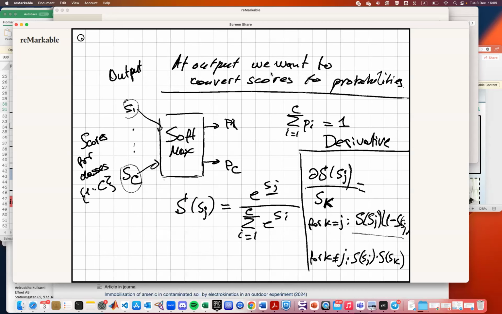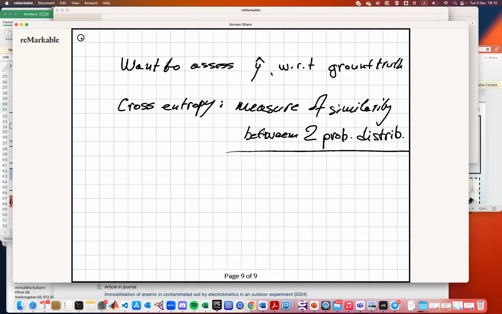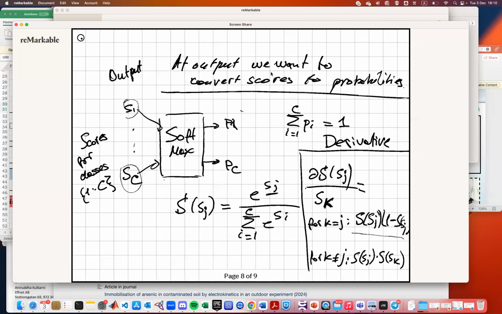So now again, I will rename these notations a little bit, because these notations are normally used in the context of probabilities. So on the one hand, we have our P, the outcome of our neural network, and on the other hand, we have a probability of predicted labels.